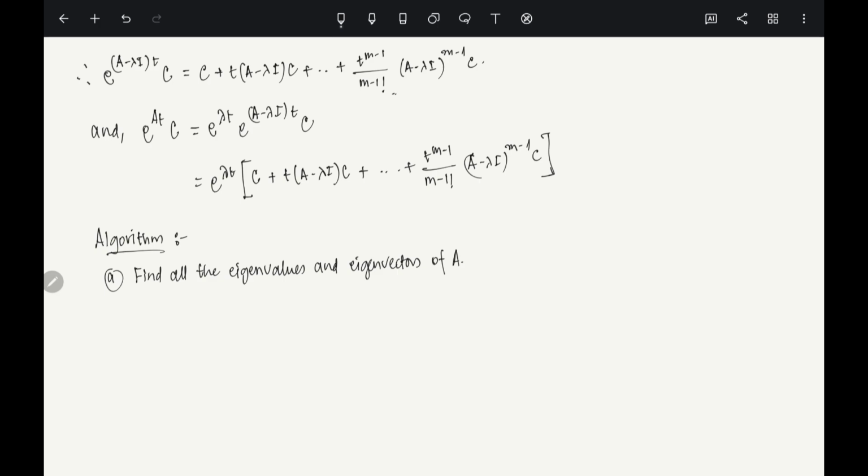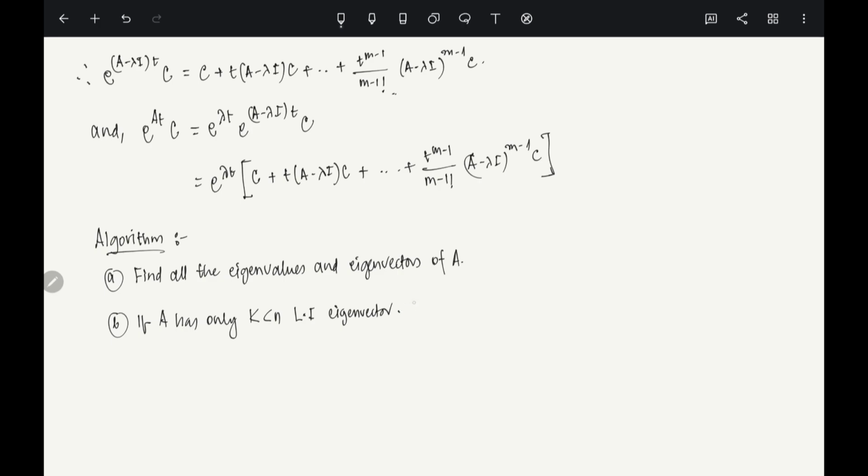See, if it has n linearly independent eigenvectors, of course you have the full set, so it's not a problem. In that case it's done. So basically, number B, if A has only, let's say, k which is less than n linearly independent eigenvectors, then what happens?